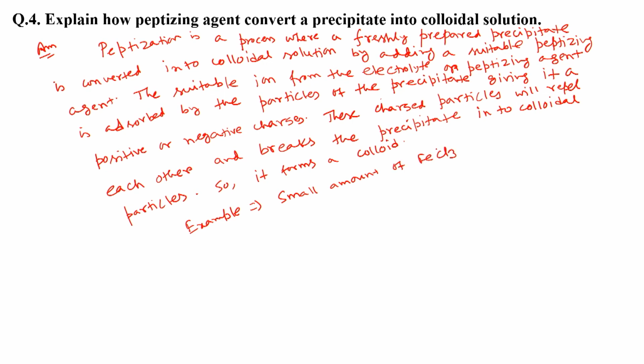As we discussed, FeCl3 gives Fe3+, and when it is added, it is adsorbed on the precipitate, giving a positive charge. So these positively charged particles repel each other, and it breaks the precipitate to form colloidal particles.